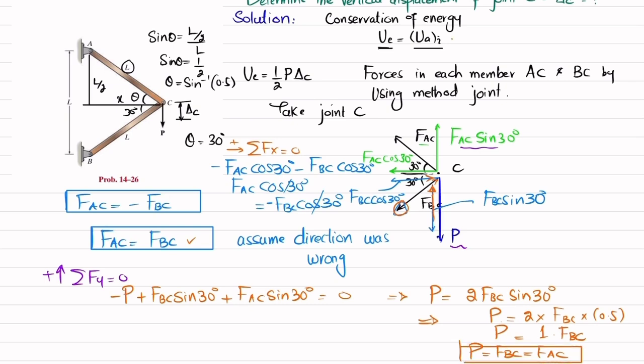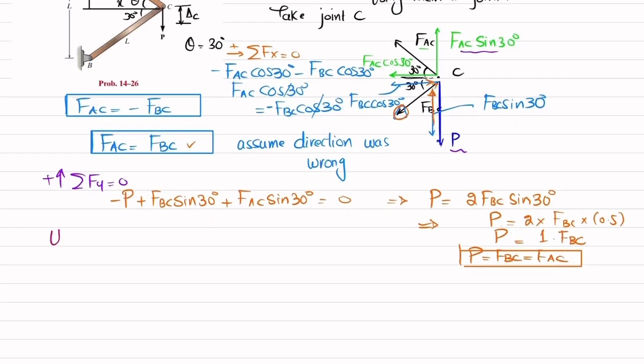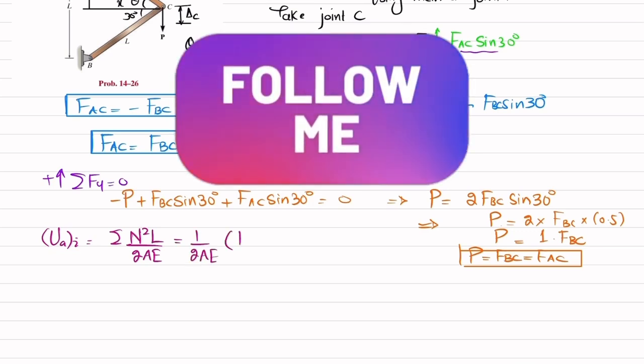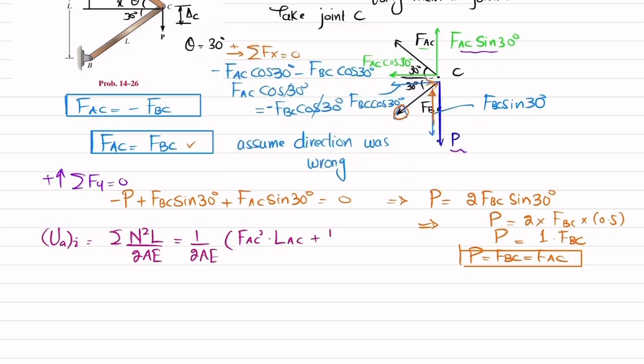So you can apply this equation for finding the strain energy due to axial loading, which is equal to sum of n square into L divided by 2AE. So 1 over 2A is outside. So we will write FAC square into LAC plus FBC square into LBC. Okay.